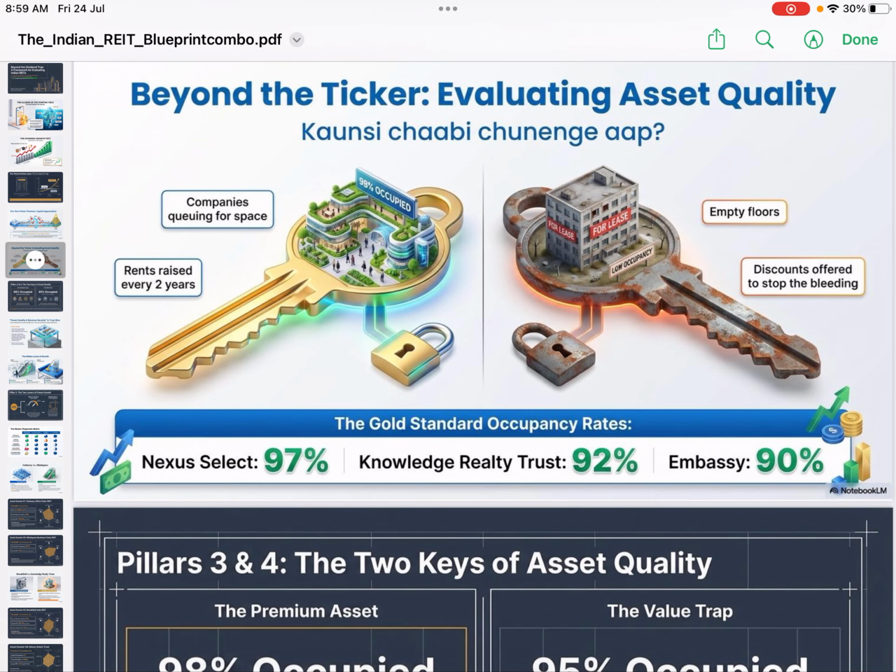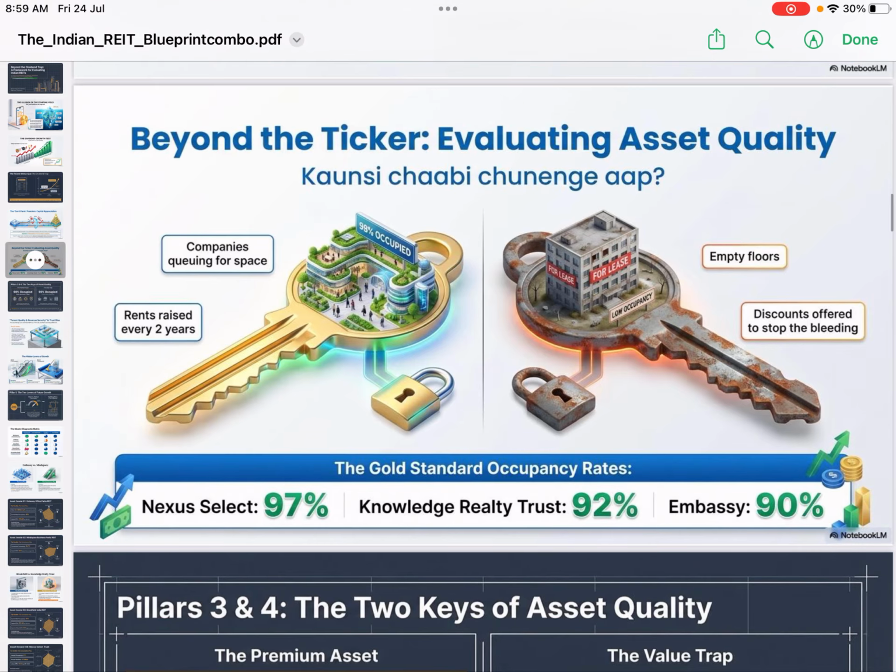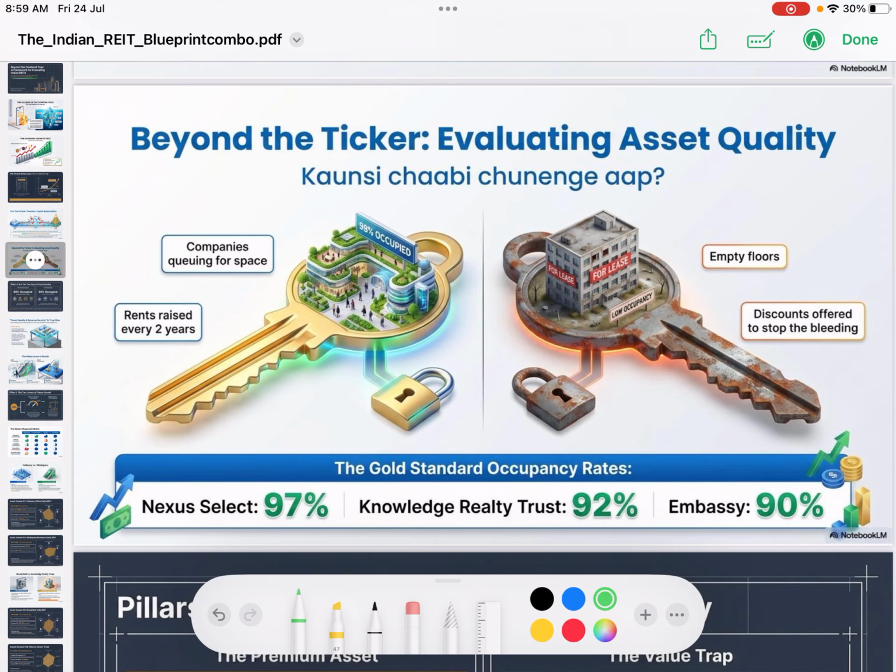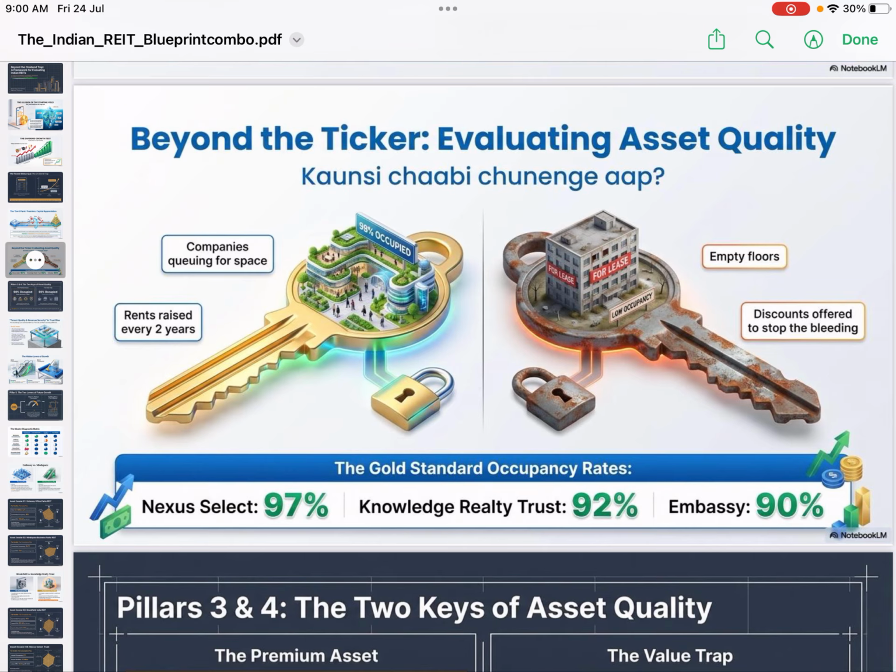For example, Knowledge REIT has 450 tenants, out of which 45% of its income comes from GCCs. Knowledge REIT is new in the market, so they have focused mostly on GCC tenants. These are long-term strategic bets by global giants and they don't leave easily. This is your safety net, basically looking for GCC tenants mostly.